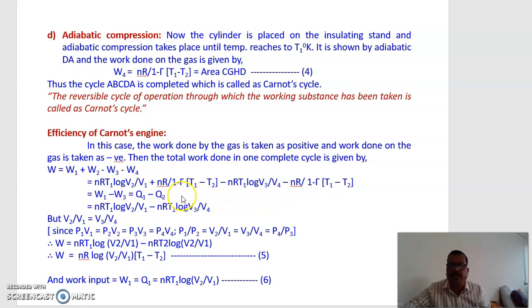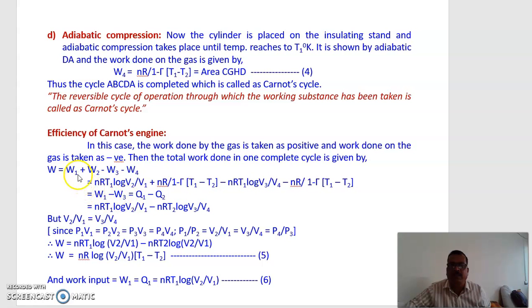Okay, हे डिफरंट आहे. आणि हे W2 आणि W4 कसे आहेत बघा, nR divided by 1 minus gamma (T1 minus T2) आणि हा minus nR divided by 1 minus gamma (T1 minus T2), plus minus cancel, remains only W1 minus W3.